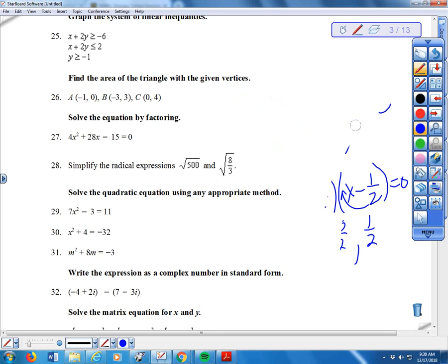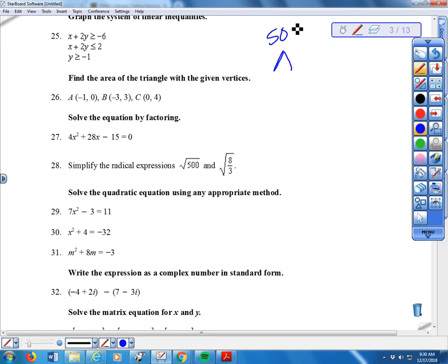Simplify these two radicals. First one is the square root of 500, so I'm just going to take 500 and what is that, 10 times 50? 20 and 25? 125 and 4? 4 and 125. Okay, so I can see right now this is a perfect square. So that's 25.